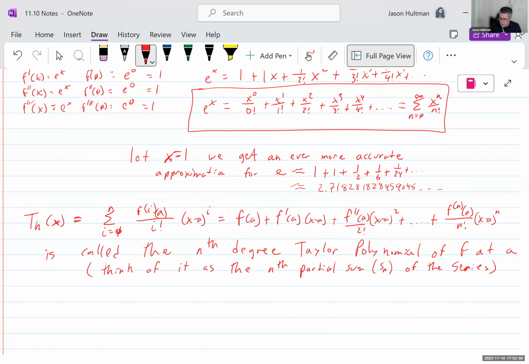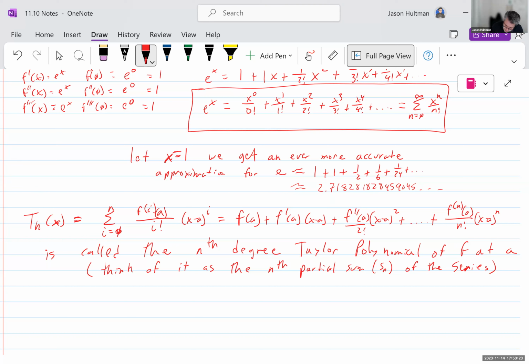If we let n start at 0, so keep that in mind, it would be the nth partial sum if we let n start at 0. It would actually be n plus 1 if we let n start at 1. So keep that in mind.